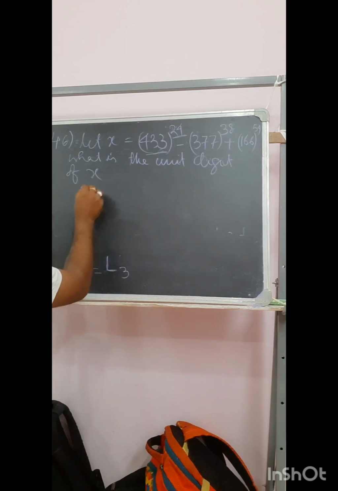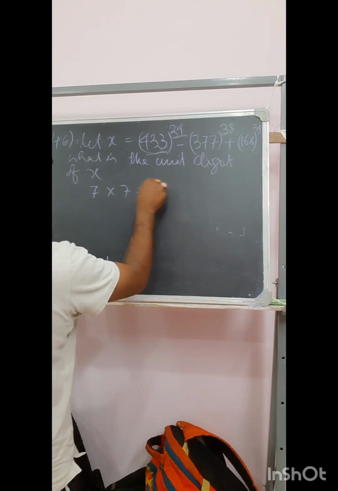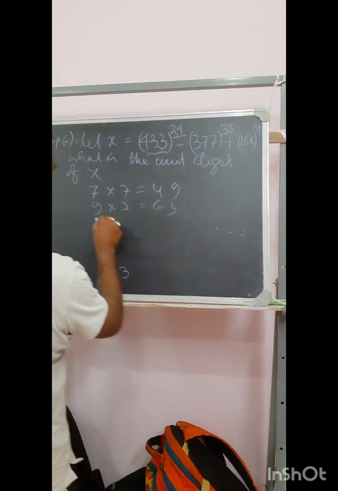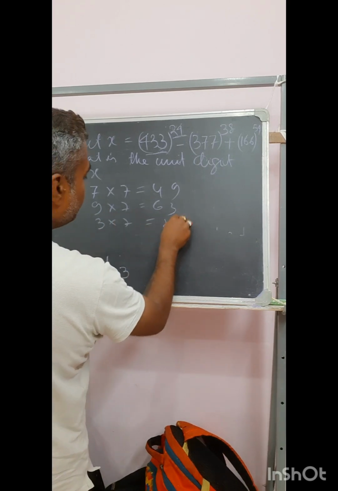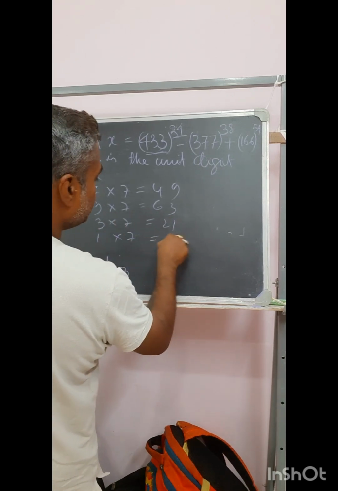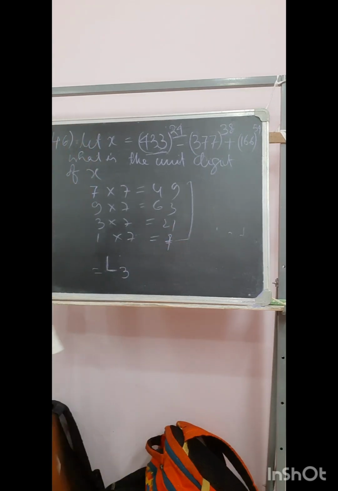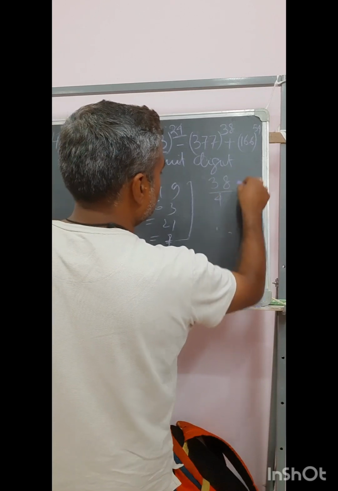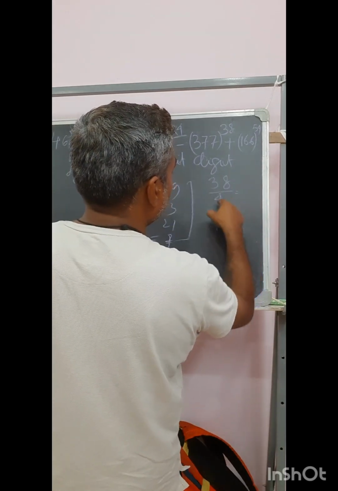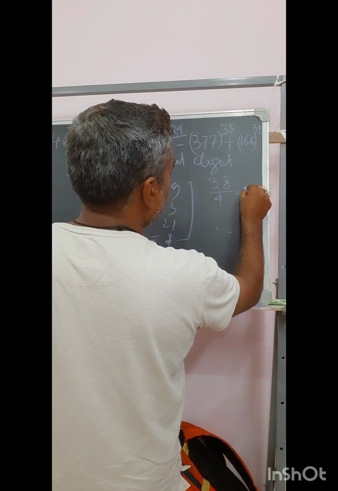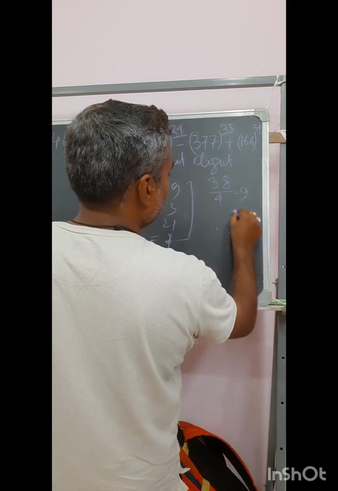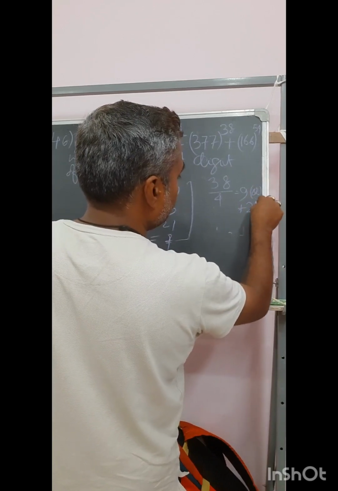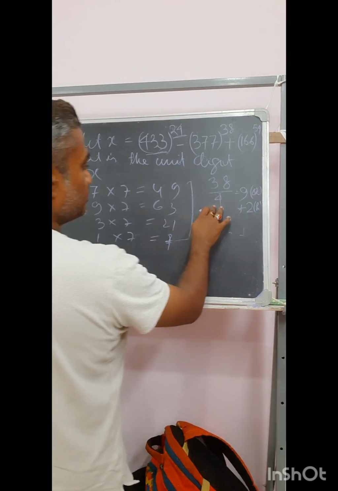For 7: 7 into 7 is 49, 9 into 7 is 63, 3 into 7 is 21, 1 into 7 is 7. In this case also, after 4 I am getting back 7 again. To see how many cycles are completed here, 38 by 4 gives 9 as quotient, and thereafter 2 will be the remainder. The 2 will not be considered as it is not a multiple of 4.